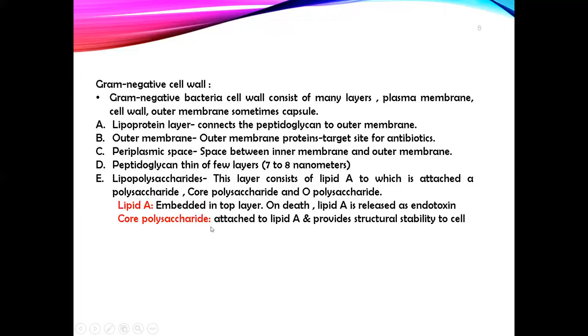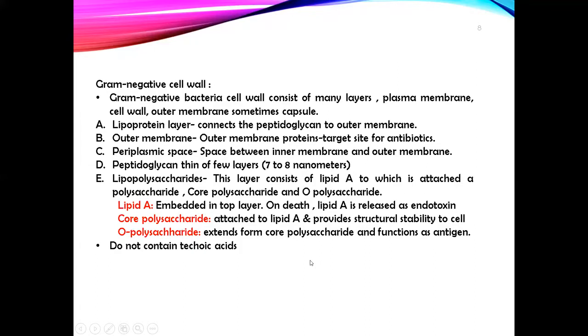Core polysaccharide is attached to lipid A and provides structural stability to the cell. O polysaccharide extends from the core polysaccharide and functions as an antigen. The gram-negative cell wall does not contain teichoic acid.